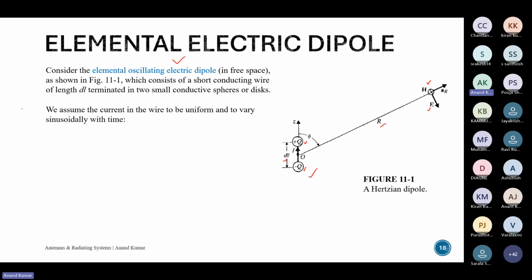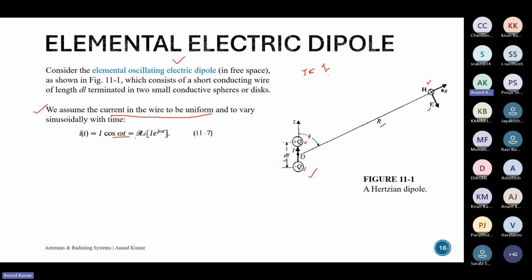As engineers, we make assumptions. We start with the assumption that the current in the wire is uniform. Somebody had asked how you get J. This is how we define J: we assume a constant current flowing, so J is uniform, meaning the magnitude remains the same throughout, and then it oscillates.